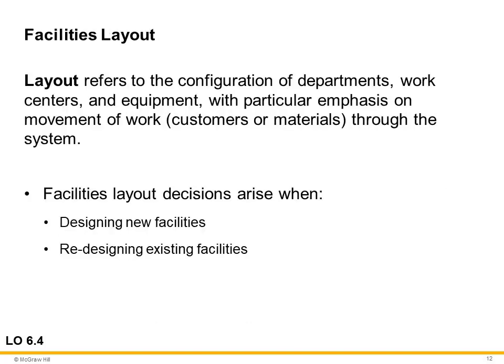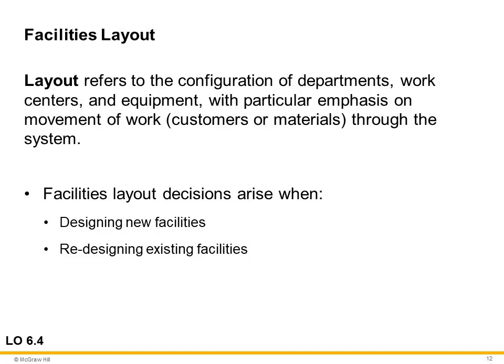What is layout? Layout formally refers to the configuration of departments, workstations, or facilities within your business to produce a product or offer a service. For example, in a grocery layout, the location of the food department, meat department, and dairy department is a layout.